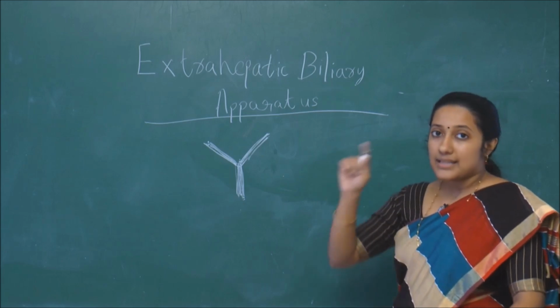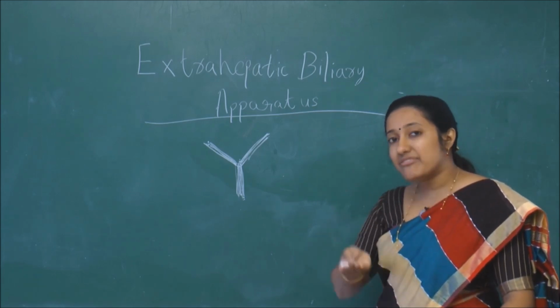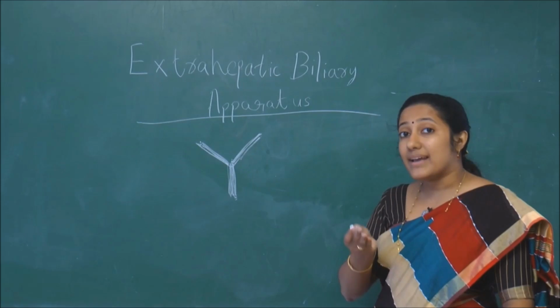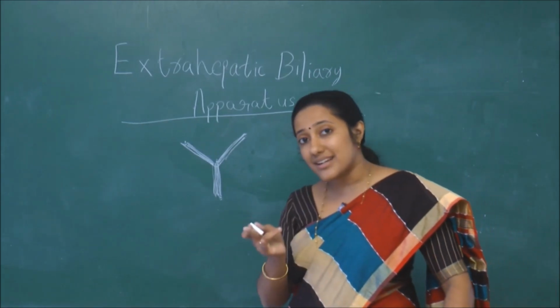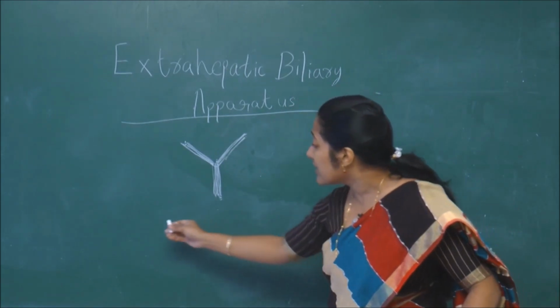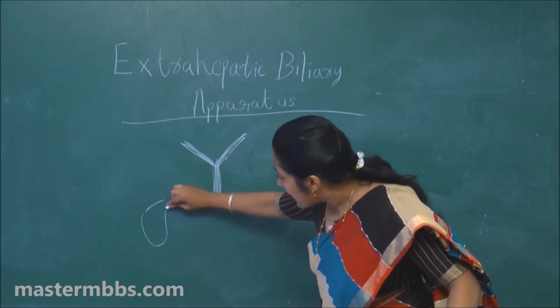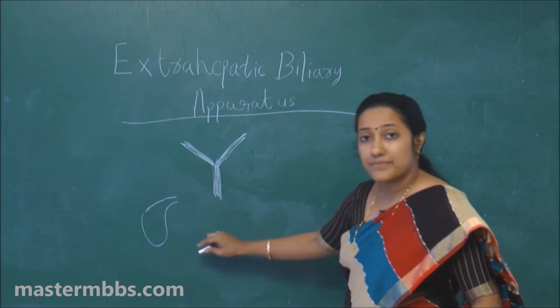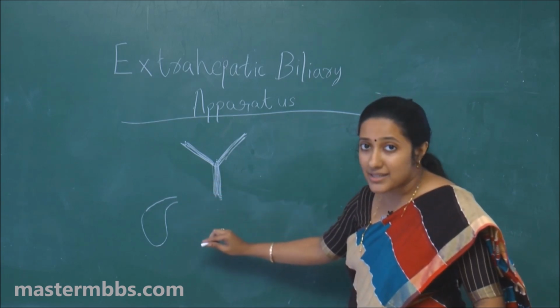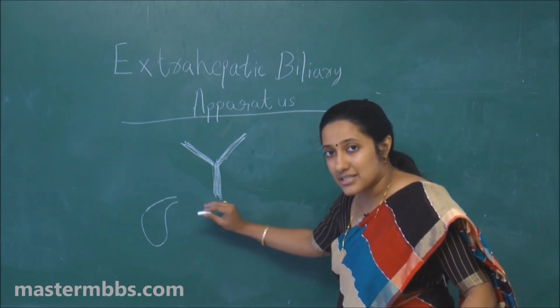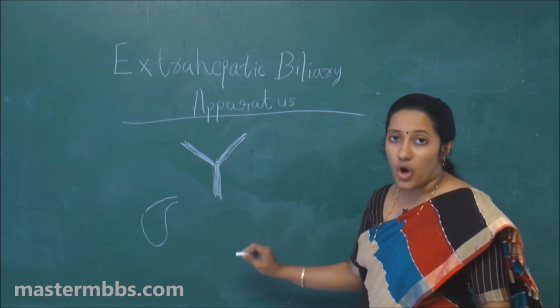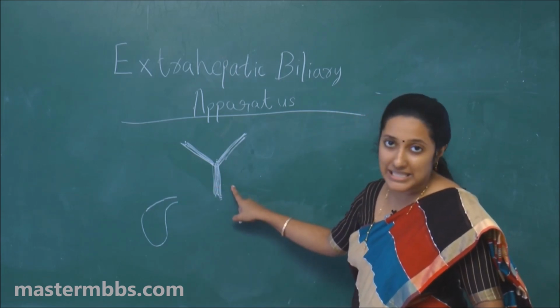Then we have a structure on the inferior surface of the liver, situated in a fossa. Which is that structure? It is nothing but the gallbladder. So this is the gallbladder. From the neck of the gallbladder, there is another duct which is coming and joining the common hepatic duct.